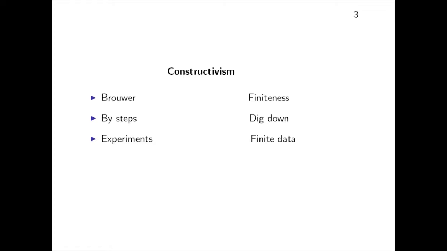Now, further down that line, I've got the word experiments. You see, this finite approach fits very well with what a physics experiment is about. If you're a scientist, you never actually deal with anything other than finite things. You have a finite number of steps, a finite number of questions, you write down a finite number of figures. You never actually deal with infinity.